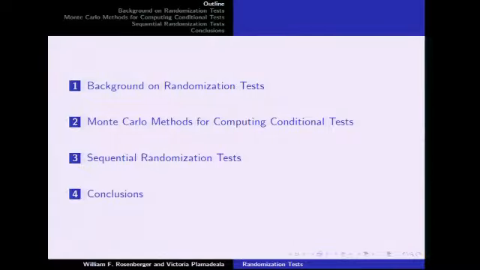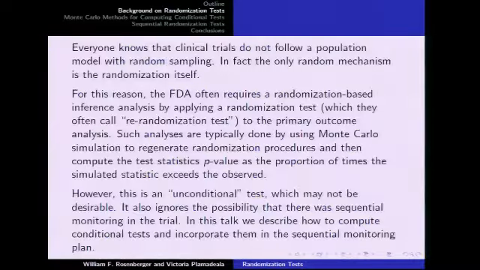the main extension. Now randomization tests, the way I'm going to describe them, are somewhat controversial. I don't know why, but a lot of people seem not to like them. Everyone knows that clinical trials don't follow a population model with random sampling. So in fact, the only random mechanism in a clinical trial is the randomization itself.